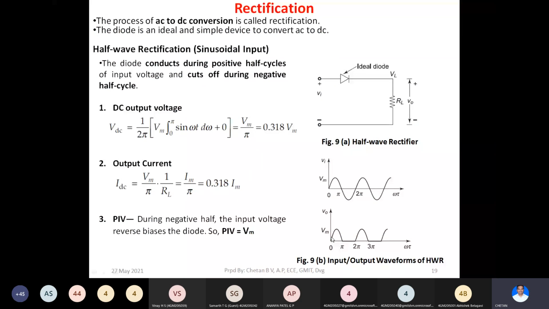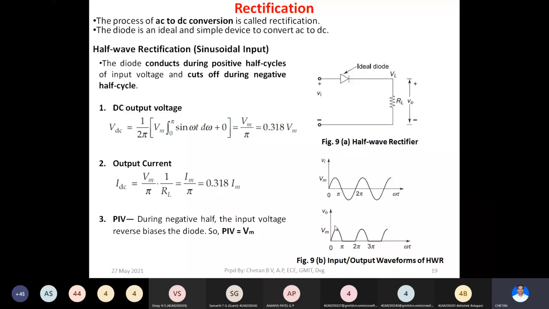This is not expected as part of a DC waveform. A DC waveform means a straight line. Therefore, you have to find out the amount of ripple, or something called the ripple factor, which will quantify the amount of ripple present inside this output waveform.